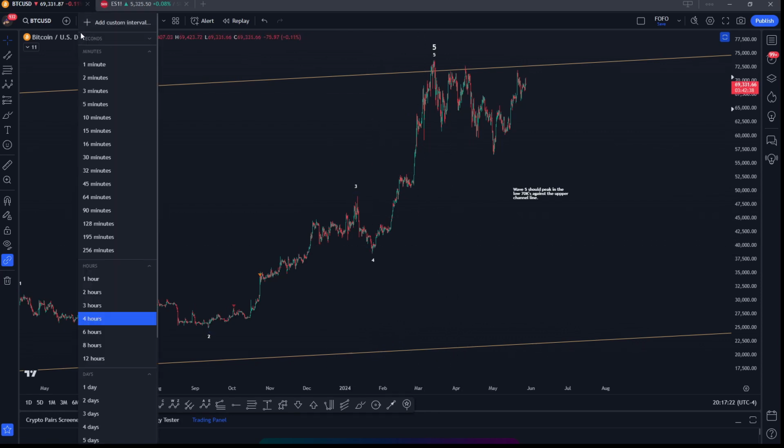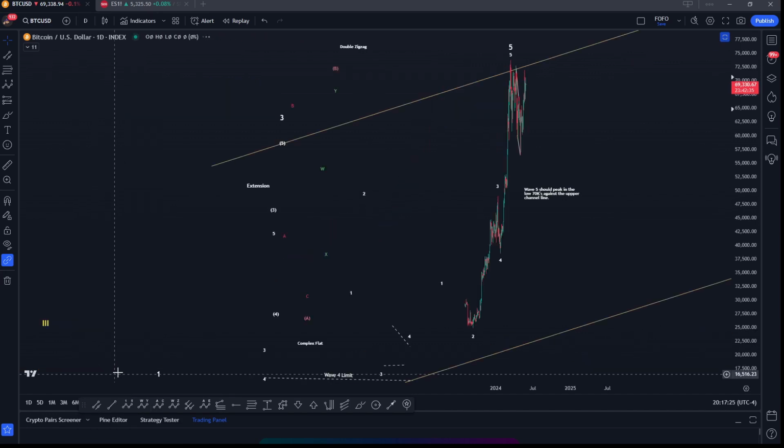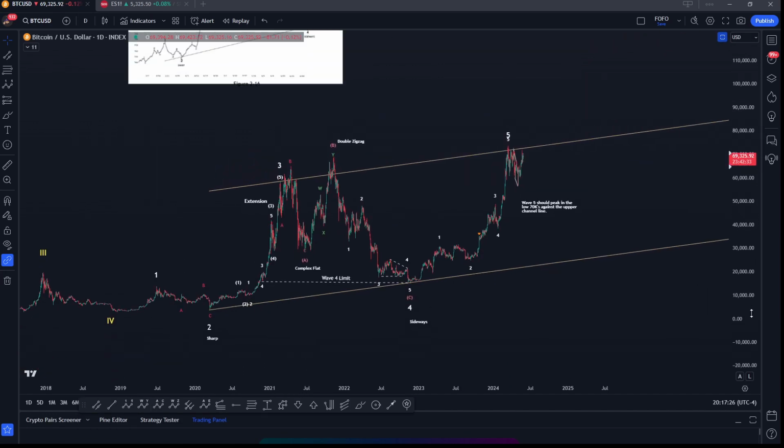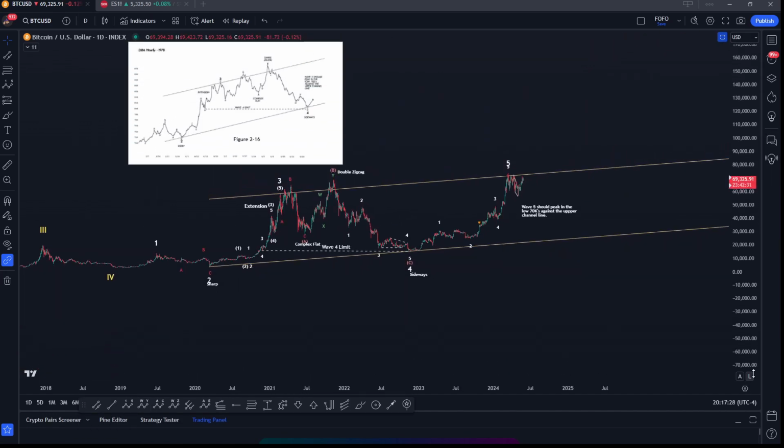When you take the whole view into totality, and we bring this figure 2-6 back into play, we have a textbook behavior here of what this is supposed to look like. And that's what I wanted to bring to your attention.